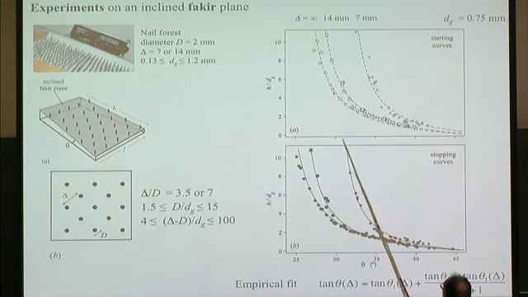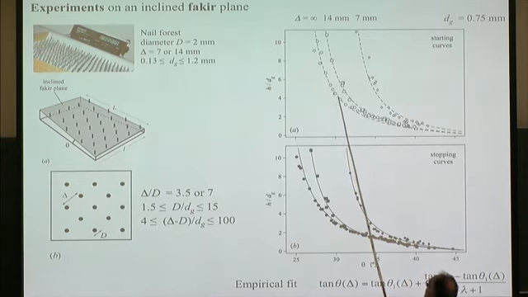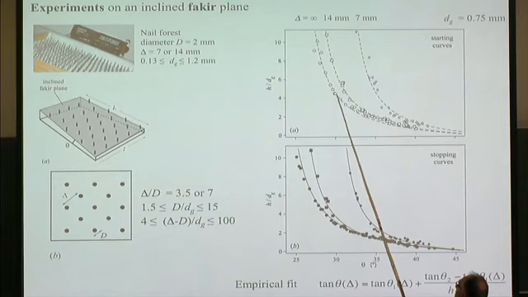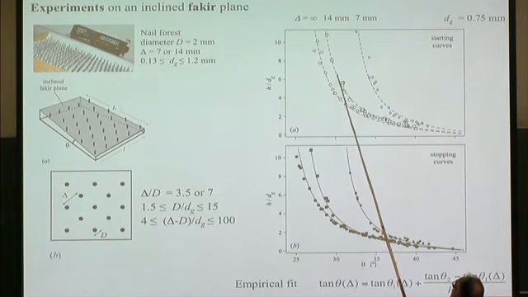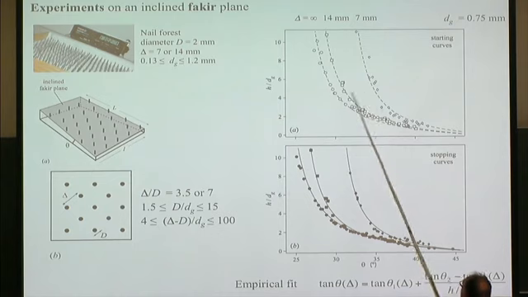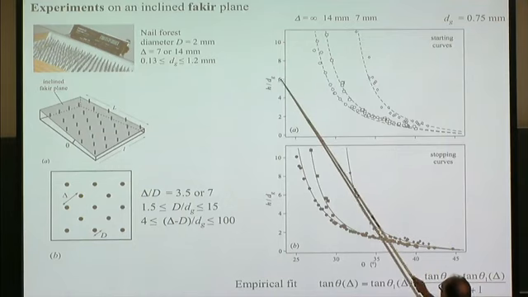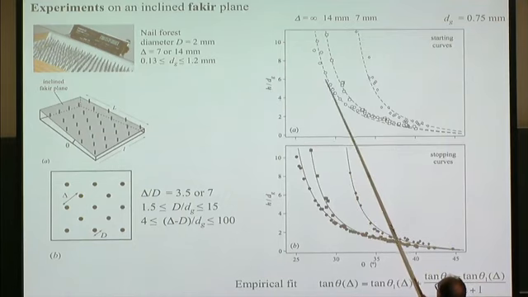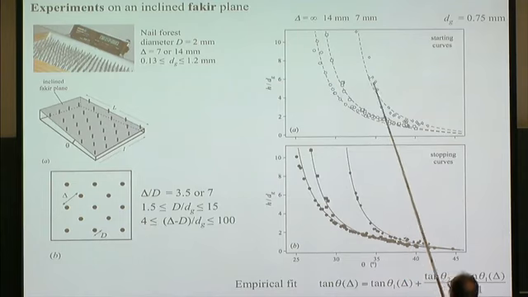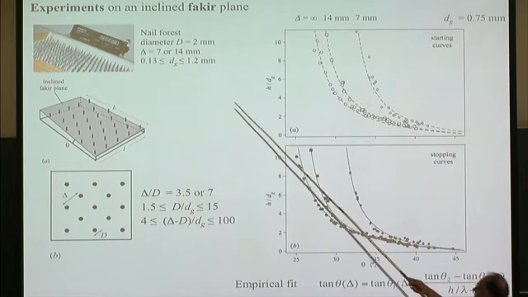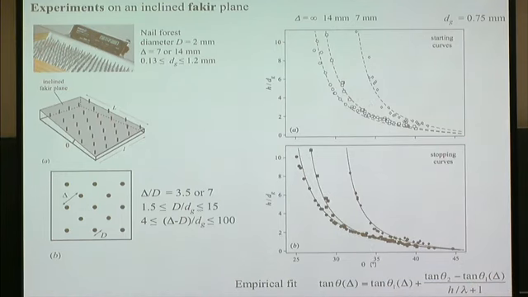If we are at a given angle here, the thickness of the layer that can remain on the plane clearly increases with the forest of nails, and at a given thickness, avalanches appear starting at a larger angle for the narrowest forest.